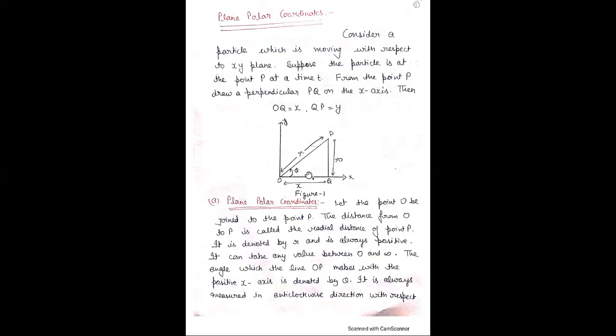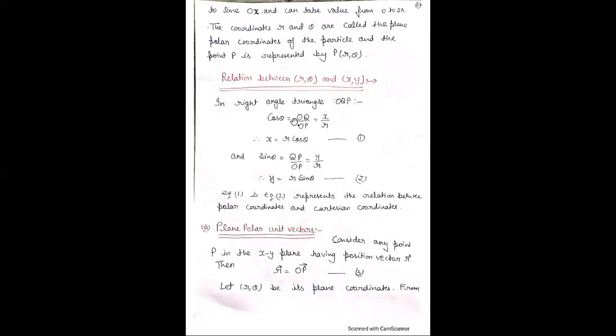Cos theta is base upon hypotenuse. This OQ is the base and hypotenuse is OP. Therefore cos theta is equal to OQ upon OP, and that is equal to x upon R, and the value of x is equal to R cos theta.